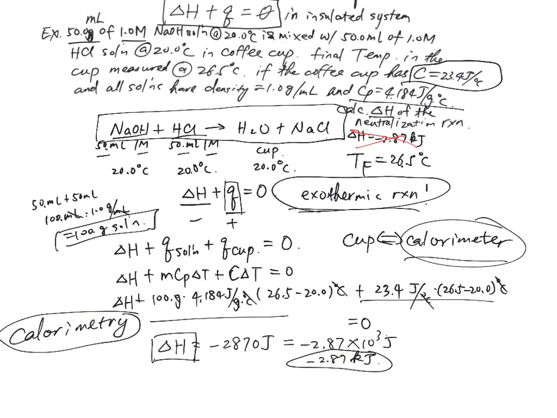People are going to be confused because you used a little bit of chemical. If you change the amount of chemical, if you use 100 milliliters of the solution, or a 3.0 molar solution, then your value of delta H is going to change.